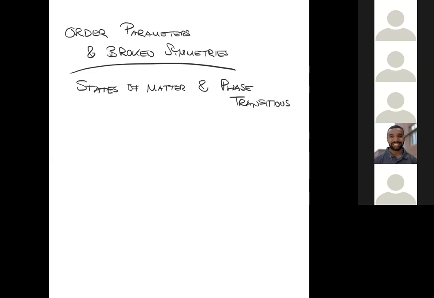Okay. So first of all, what do we mean by a state of matter? We'll make it more precise as we go along. Maybe for now, I just give a bunch of examples.